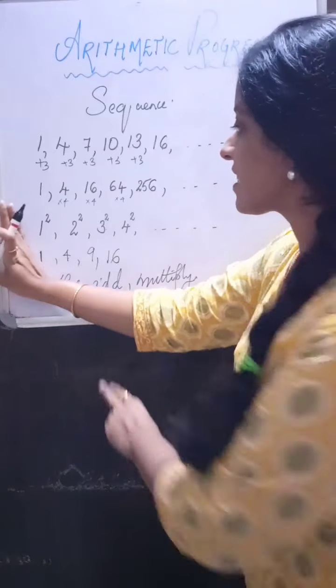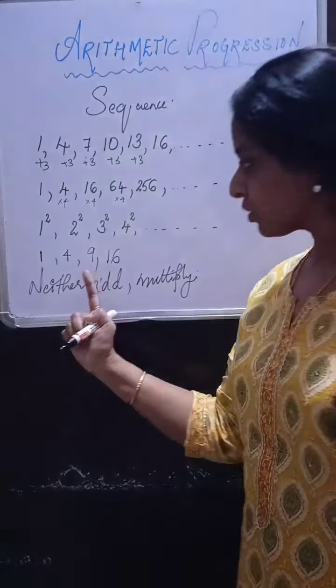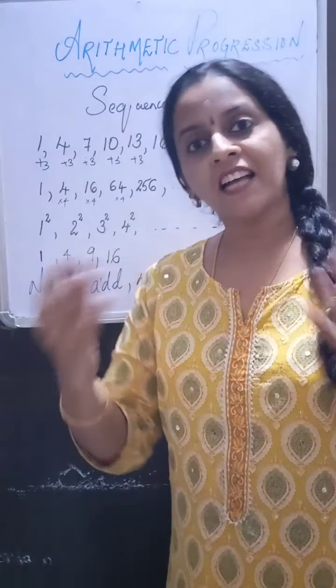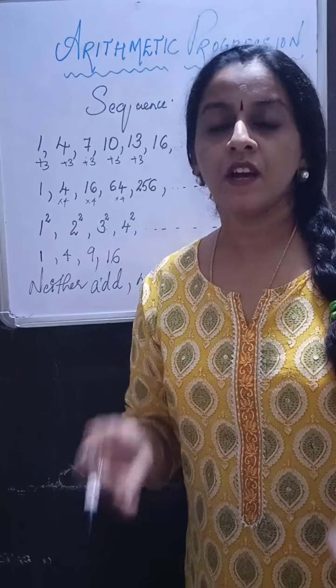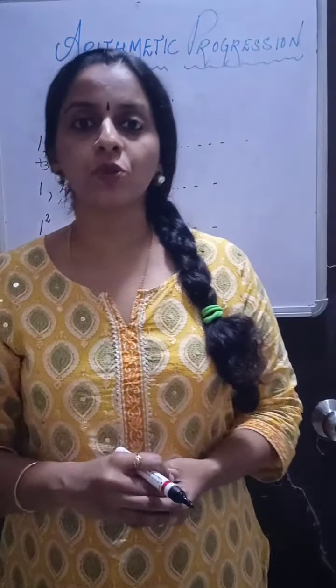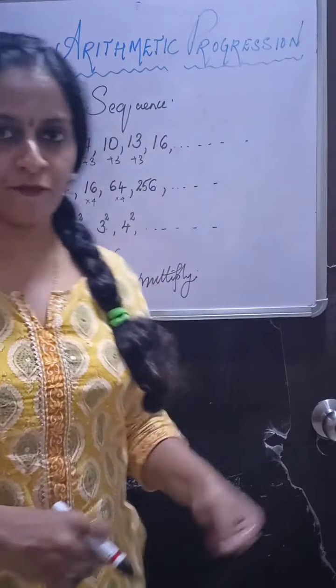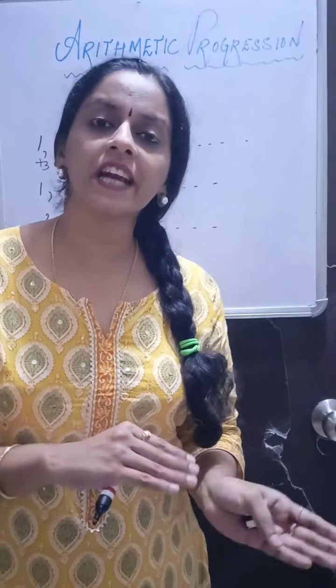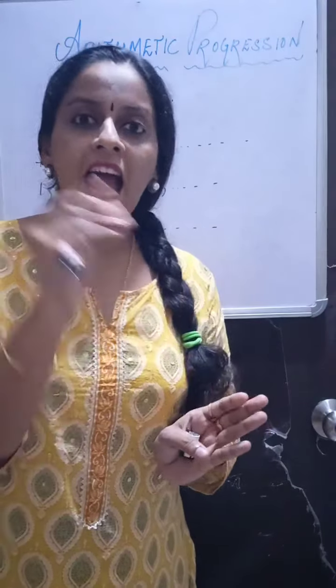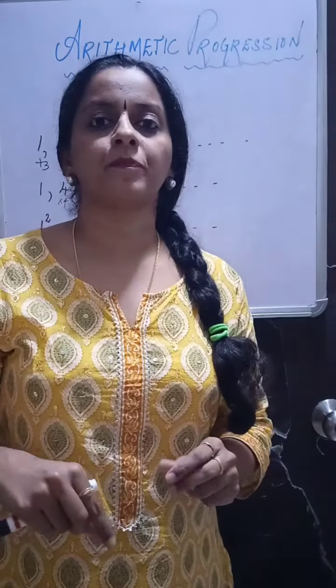So this is completely another type of sequence. This year, we are going to learn the type of sequence where you get the next number by adding a fixed number.